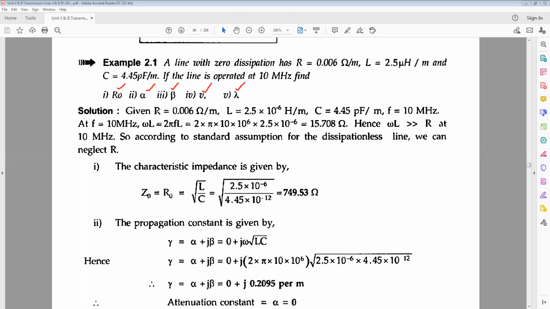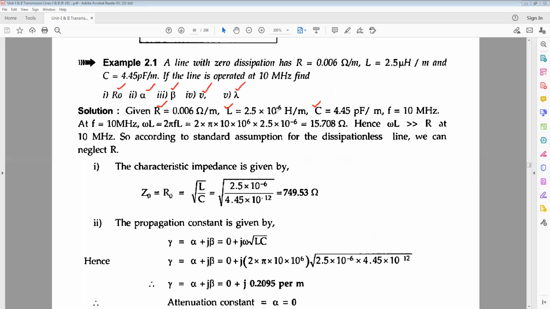So first, all the primary constants R, L, and C are given, and also the frequency, 10 megahertz. At 10 megahertz, omega is equal to 2 pi f, and it is multiplied with L. What is the L given?